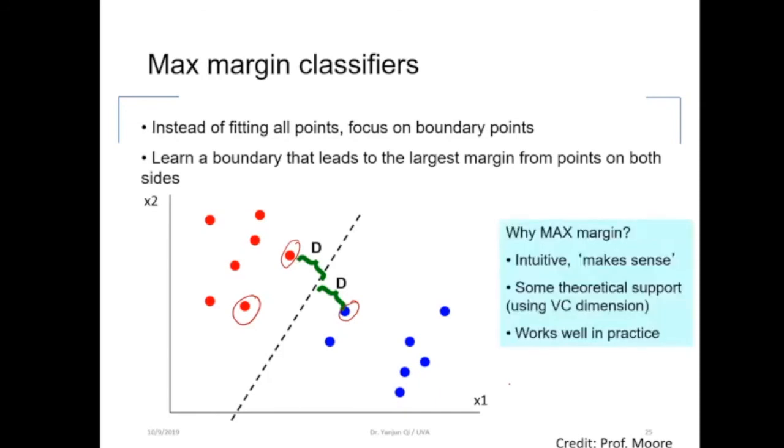So why maximize the margin? Intuitively, it makes sense. The reason is it gives you very safe boundaries. If you have all the other possible flexible lines, the uncertainty is pretty large, while with the max margin you almost reach the maximal certainty.